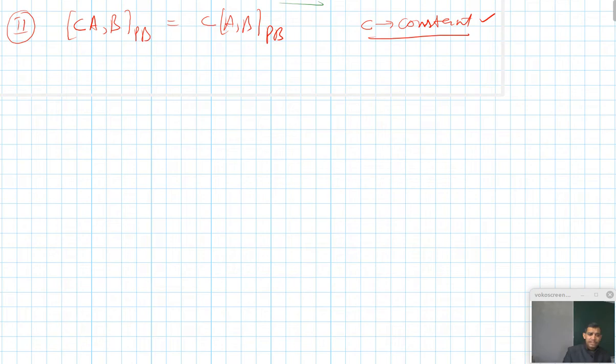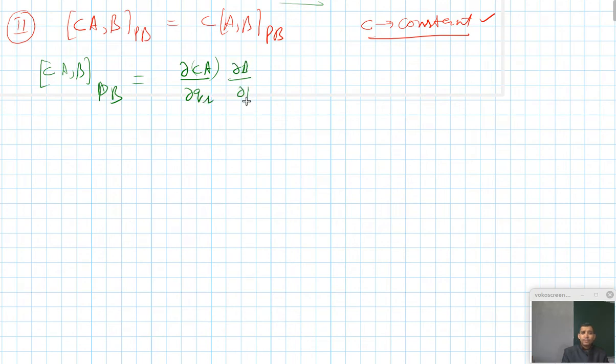Again consider the left hand side. We simply write CA, B, where C is a constant multiplied with the dynamical variable A. It is summation over r of ∂(CA)/∂Qr ∂B/∂Pr minus ∂(CA)/∂Pr ∂B/∂Qr.